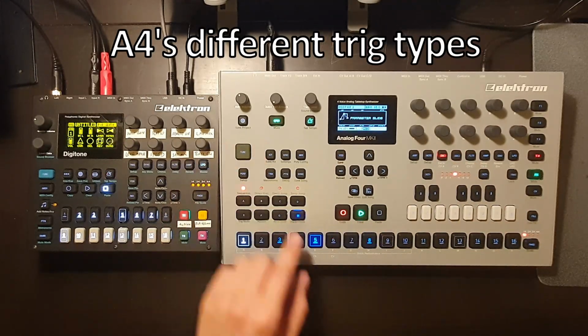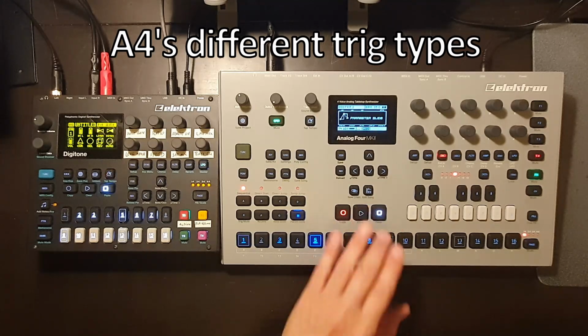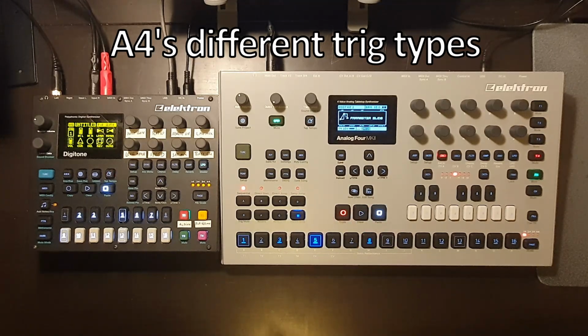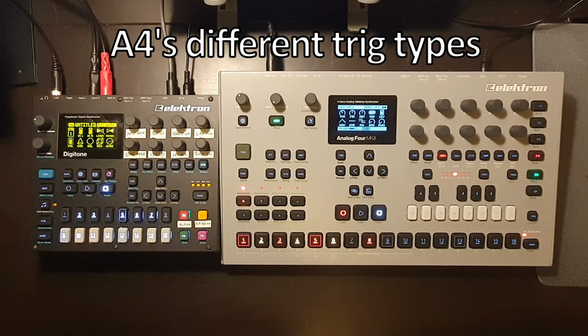So if I turn off parameter slide, not much difference, but I've used parameter slides a lot on other tracks, so not a good example right now. But yeah, so therefore these four trig types.